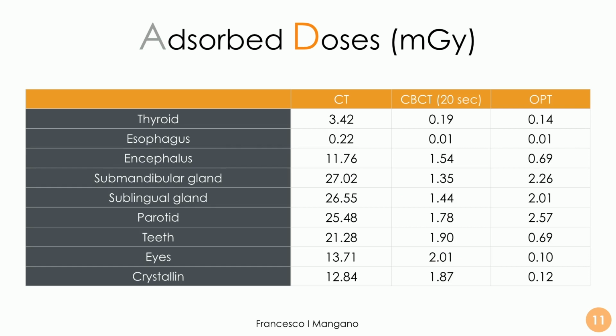So these were the first evaluations, the first tables, considering the different organs with the absorbed doses. We found that the CT was playing in another league, but the cone-beam computed tomography, with the application of 20 seconds, in some cases was very similar to the panoramic radiograph.